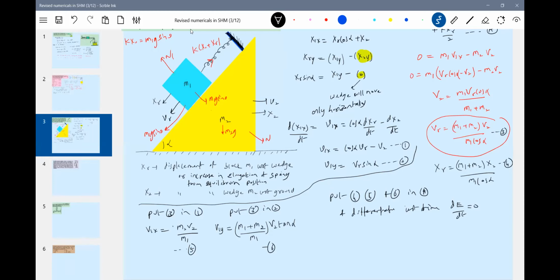Okay, fine. I'll write the omega. I have answered. K by M1 M2 by M1 plus M2 cos square alpha plus M1 sin square alpha.